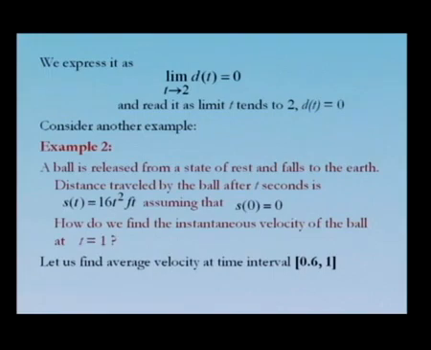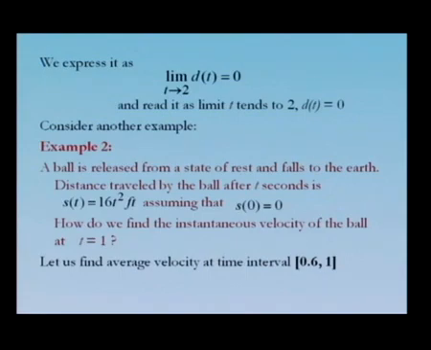Consider another example. A ball is released from a state of rest and falls to the earth. The distance travelled by the ball after t seconds is s(t) equals 16 t square ft, where ft means foot, assuming that s(0) equals 0. How do we find the instantaneous velocity of the ball at time t equals 1?